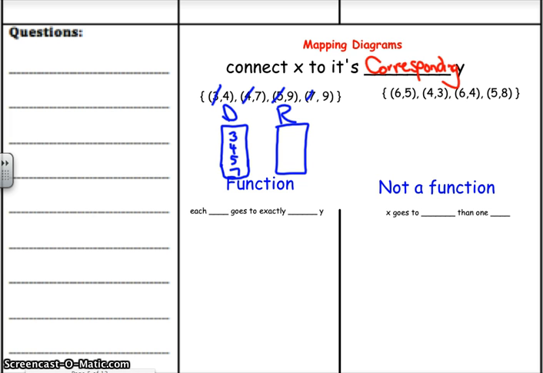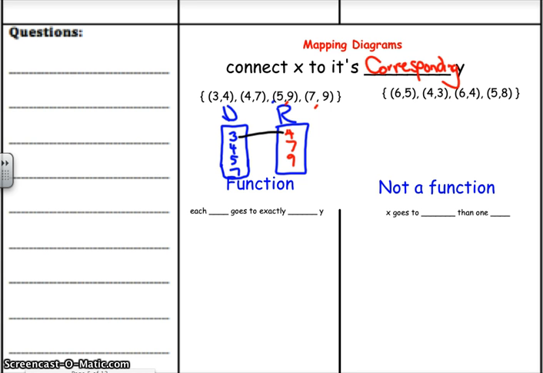My range is 4, 7, 9. Do I write 9 again? No. Okay. Now I map. And this isn't too bad. 3 goes to what? 4.